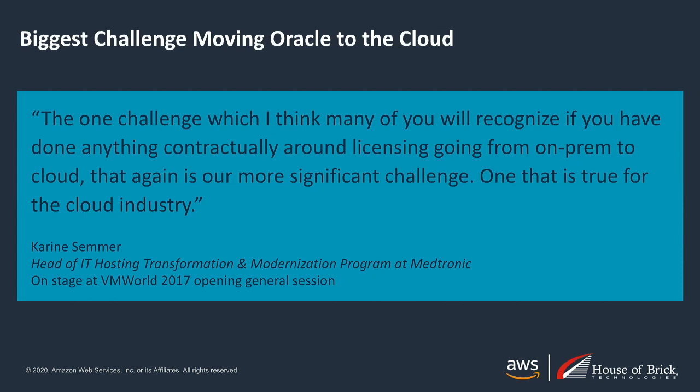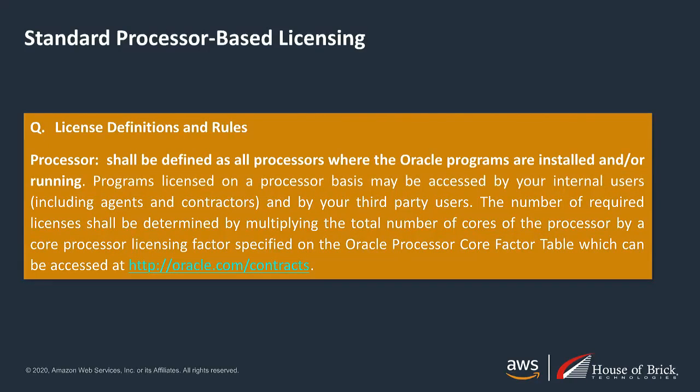Those older legacy contracts probably were written pre-cloud or are using boilerplate language from a pre-cloud era, which creates a lot of confusion and difficulties in terms of migrating those applications effectively to the cloud without falling into some sort of licensing trap or falling afoul of a vendor that is going to software audit you and create a situation where you have some unexpected software bills for the licenses.